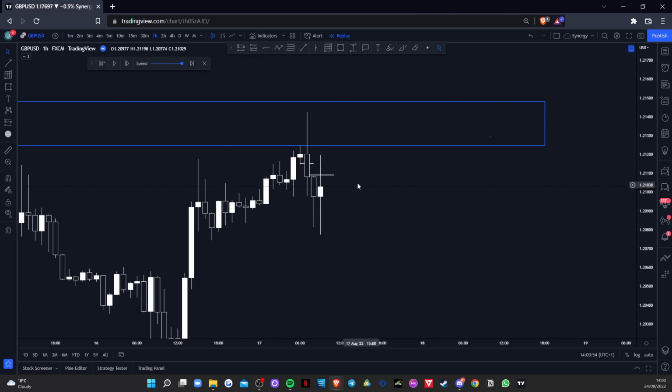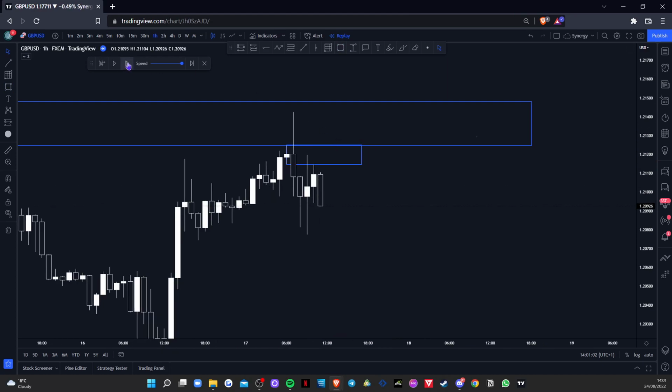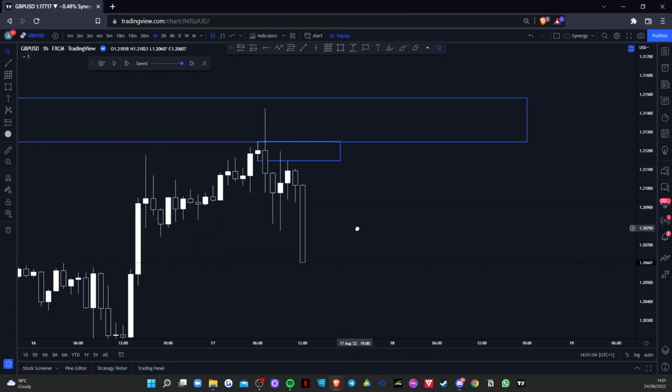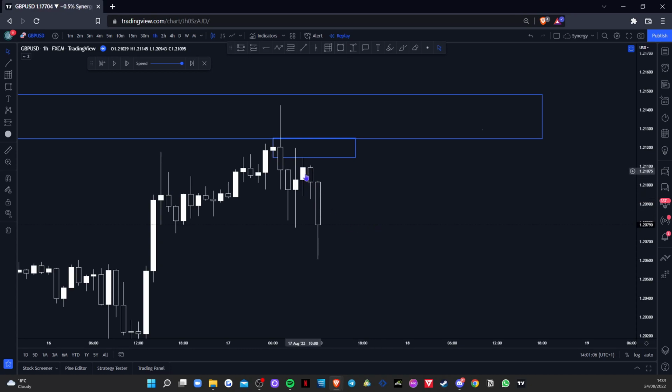As you can see here, using the blue box, price moves up into that and then shifts down. Once again, we've got an up close candle followed by a down close candle, which breaches the low of this up close candle, and that would be another order block that gets created.